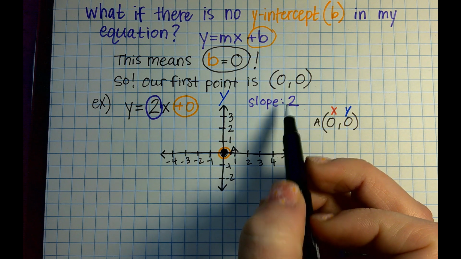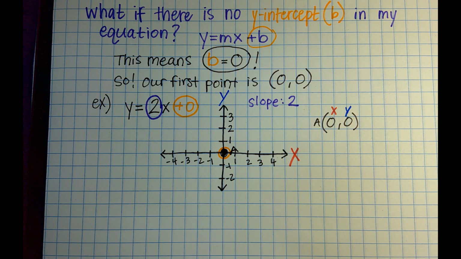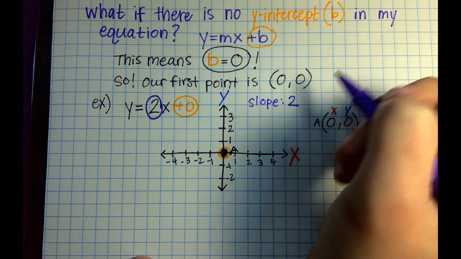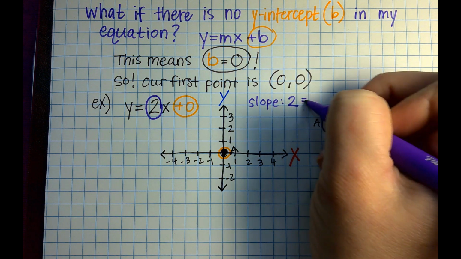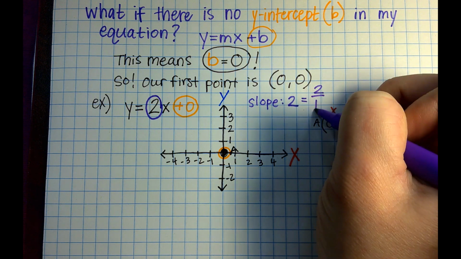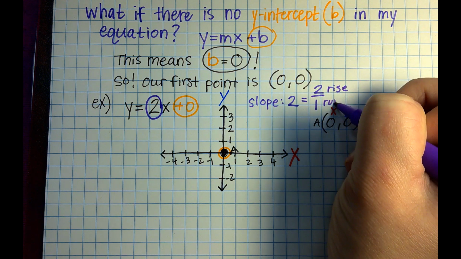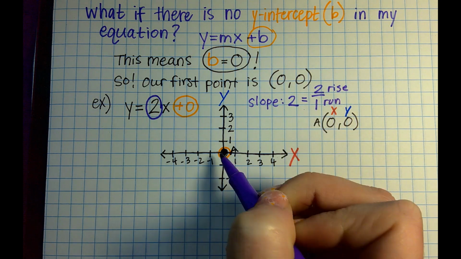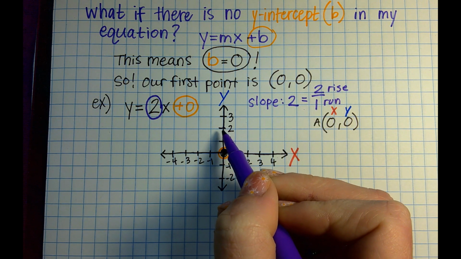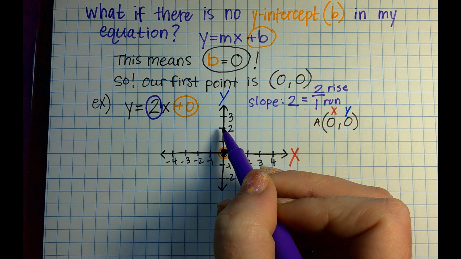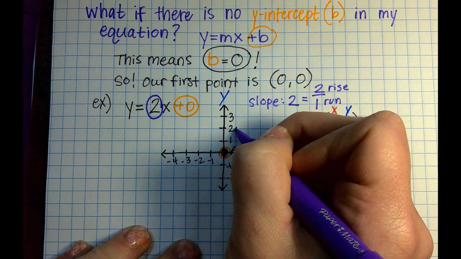How do I make that into a fraction? Just put it over 1. So my slope is 2, or 2 over 1, rise 2, run 1. So I go up 2, and where's my run? Over 1. Good. That's my second point.